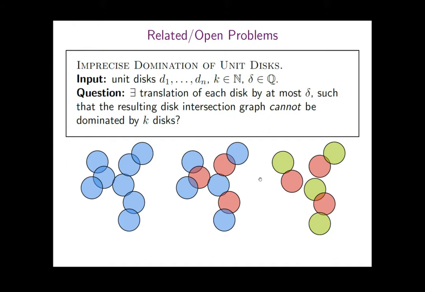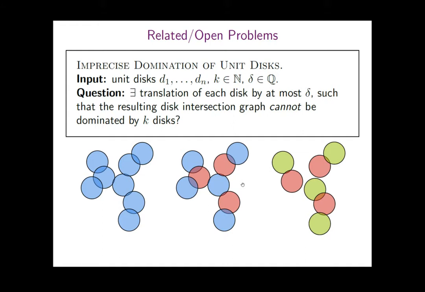The same you could do with domination of unit disks. So here is a unit disk intersection graph, and we want to find a dominating set such that even if we move things a little bit, and maybe some of the dominations are destroyed, every disk is still dominated.